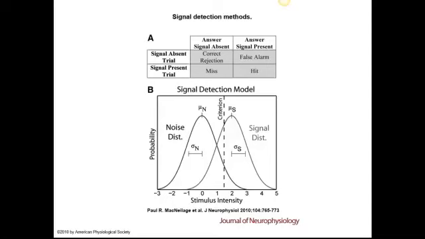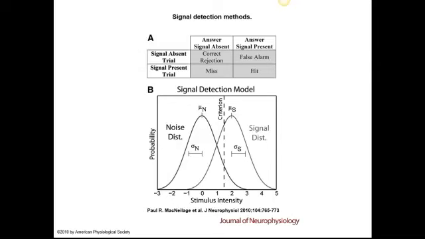So here's something that I pulled from the Journal of Neurophysiology, and the article is referenced there at the bottom. And we have our little continuum again in a table, which is nice to see. So in the first row, we have the signal absent, and then we have the answer that the signal was absent, so that's a correct rejection.